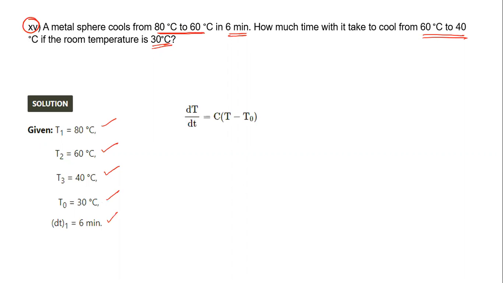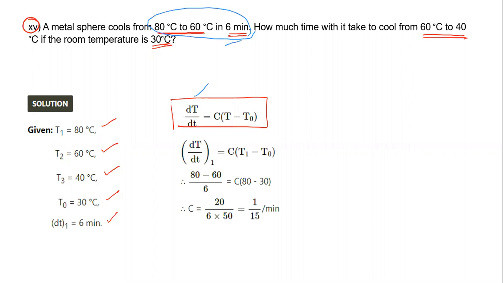The formula is dT by dt is equal to C times (T minus T0), by Newton's law of cooling. This is the formula. Now we can use this formula for the first case. Which one is the first case here? You can see this is the first case. So dT means 80 minus 60 divided by dt, which is 6.